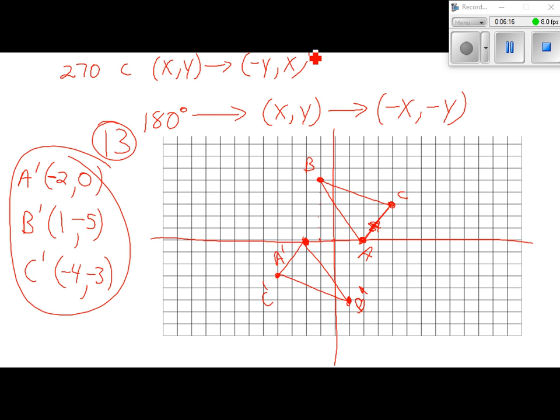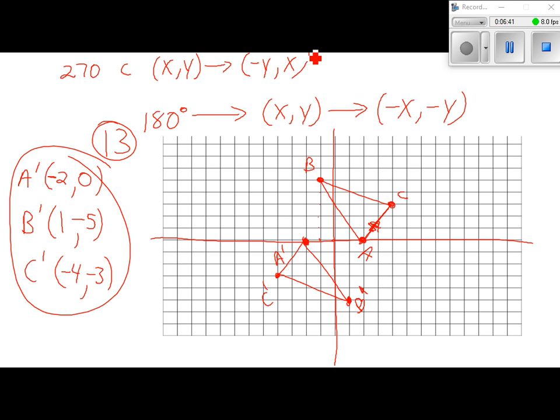So 90 degrees clockwise. Looking at your notes, what's the rule for 90 degrees clockwise? (y, negative x). Does everybody agree with that? So what's that telling you you're gonna have to do to your original points? You're gonna flip them, and then change the sign of the second number, make it the opposite of whatever it was.